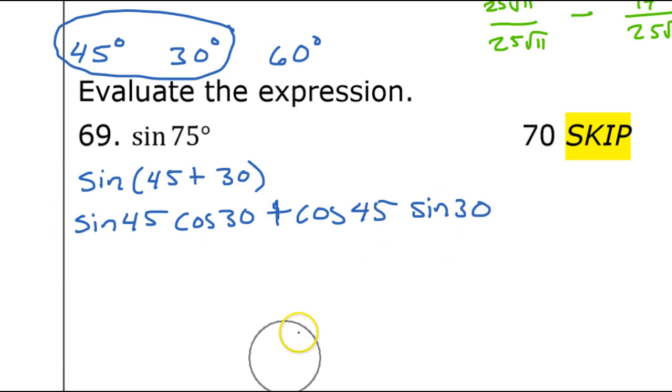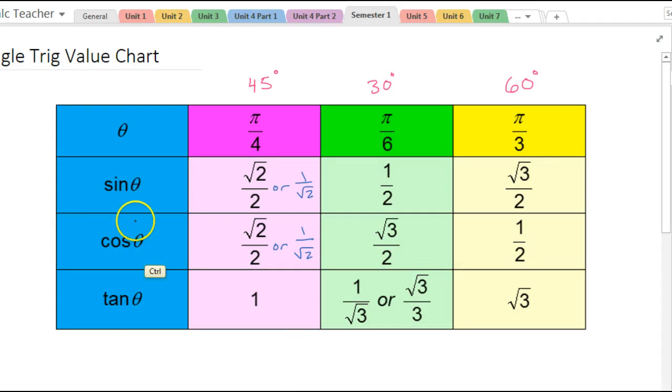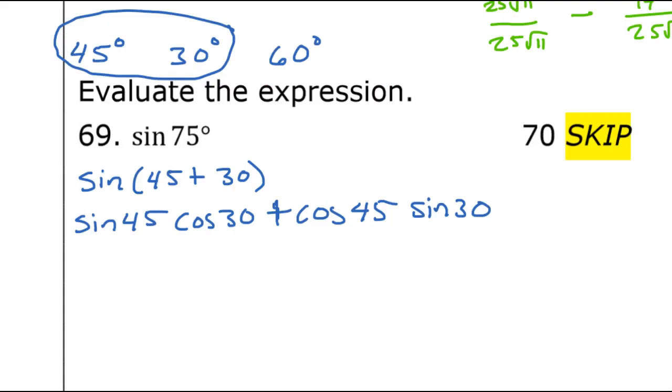Now each of these we've memorized. By the way, make sure you have indeed memorized all of the facts on this chart. You just straight need to have these memorized. Okay, so the sine of 45 degrees we know is radical 2 over 2. And the cosine of 30 degrees is radical 3 over 2.